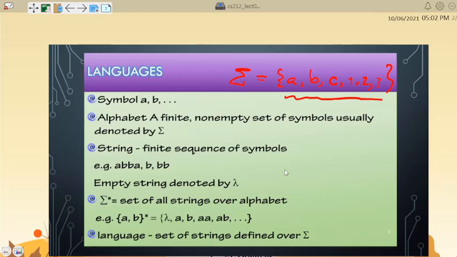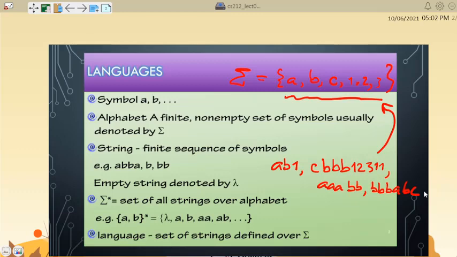For example, we can generate a string like A, B, 1, C, B, D, B, 1, 2, 3, 1, 1. It can be generated from this sigma only.